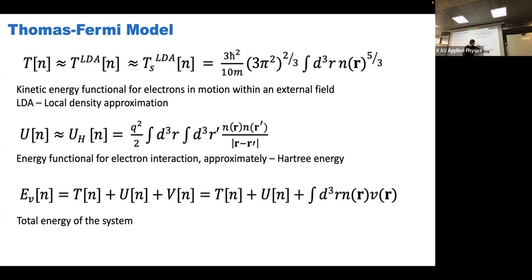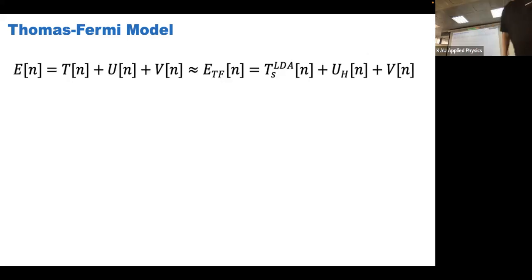It's just how we can show the interaction between electrons and this external potential by such an integral. We don't know the form of this integral, but it will be some integral. So that's how we can calculate the energy of our electron gas in the Thomas-Fermi model.